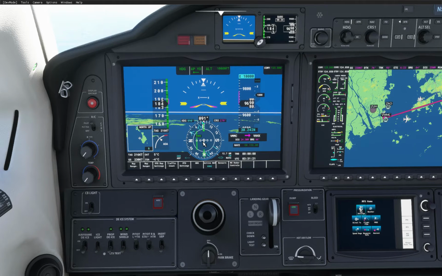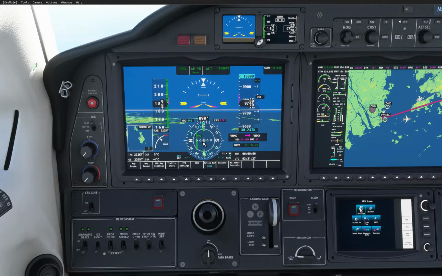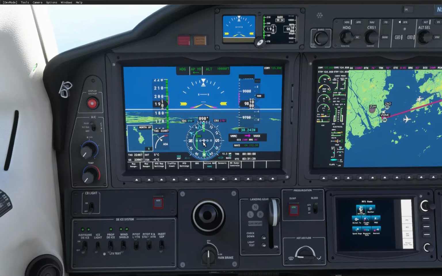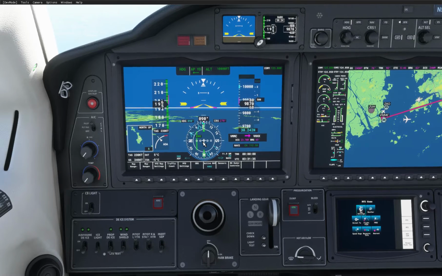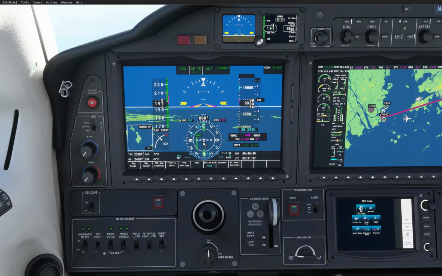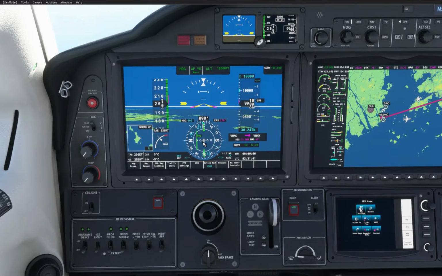This is the bearing pointer for the VOR. When we're due south of the VOR, I'll go ahead and give myself the turn toward the VOR with the descent to 8,000 at that time as well.